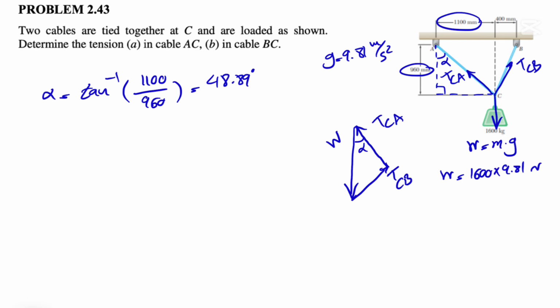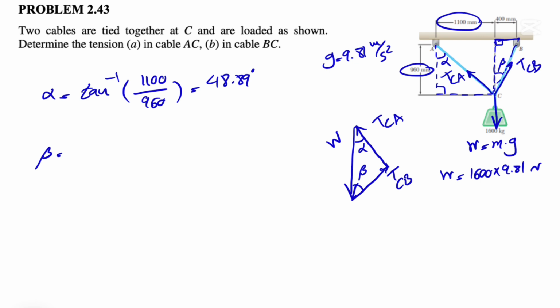We can also call this angle here beta, which is the angle that TCB makes with our y. Again we have this right triangle, so for beta we can do the same.